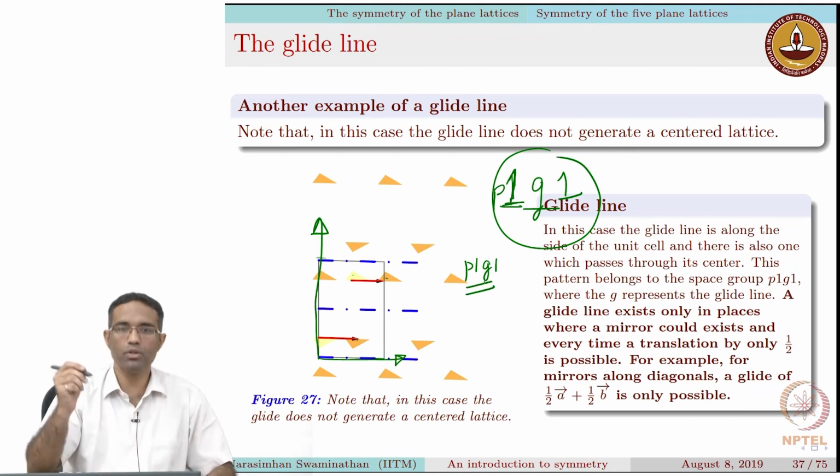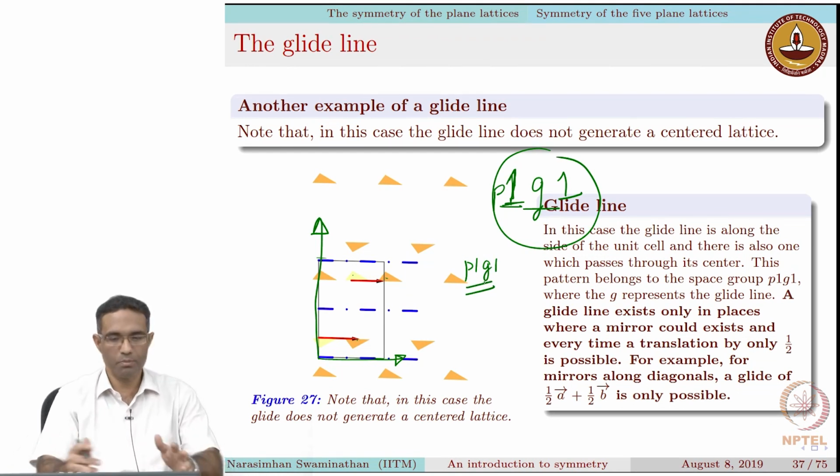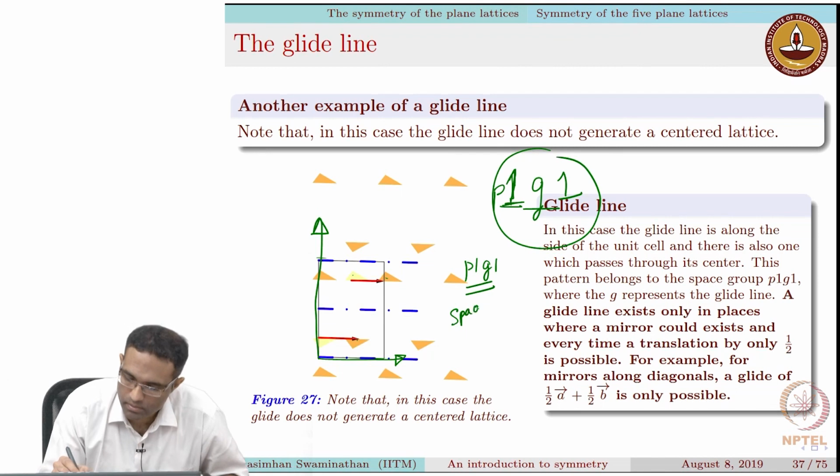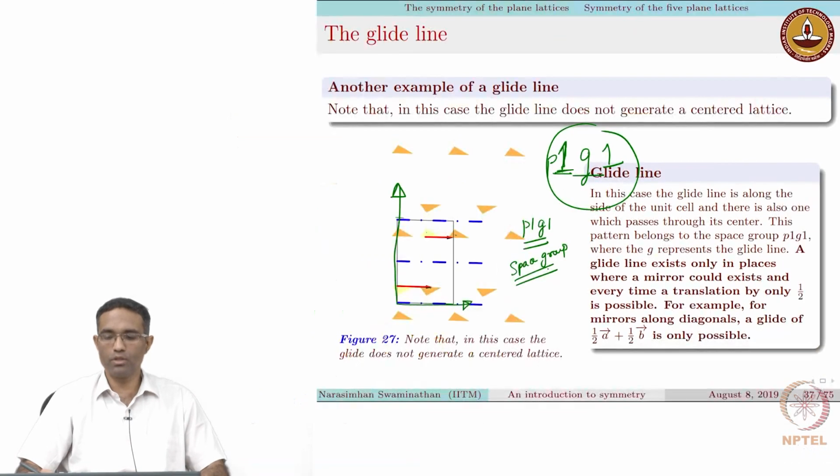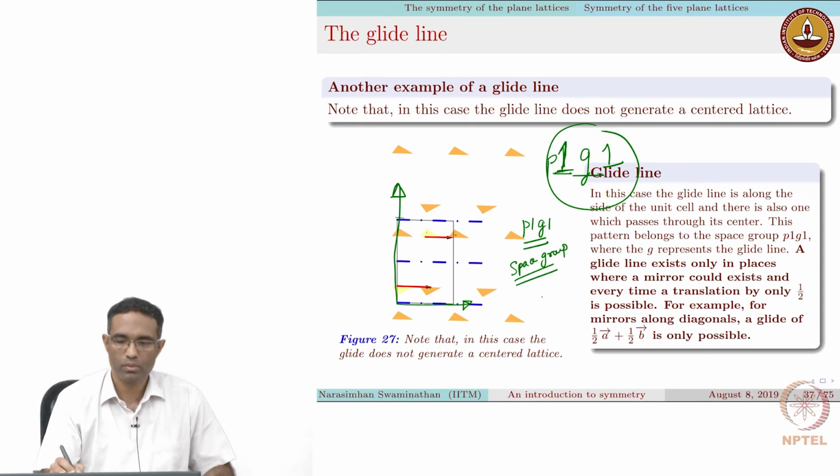P1G1 is actually the space group of this pattern, and if I were to ask you to write down the point group of this pattern, what would you do? Point group involves removal of any translation related operations from the space group symbol.